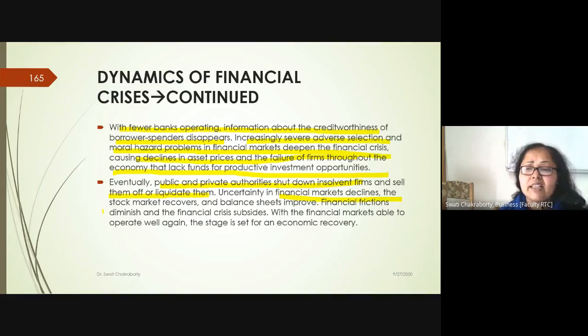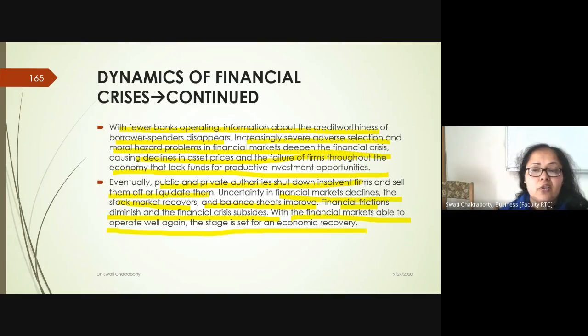Then all these insolvent firms are sold off and liquidated. Gradually, uncertainty in the financial market starts declining, the stock market starts recovering, balance sheets start improving, so financial friction starts diminishing, the financial crisis subsides, and with the financial markets able to operate well again, the stage is set for an economic recovery.